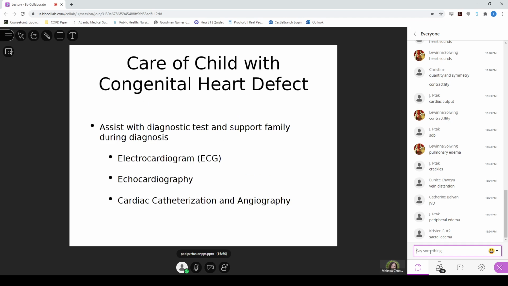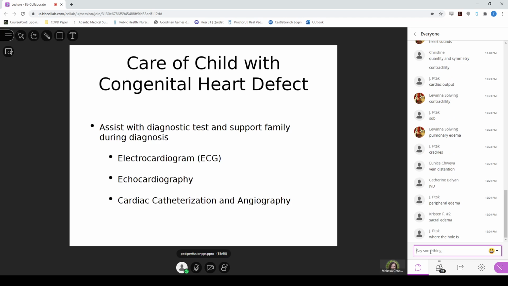Diagnostic test. So what's your echocardiogram going to show? If you did an echocardiogram on a heart patient, what can it show you? Yeah, where the defect is. It can tell you if there's decreased pulmonary blood flow. It can tell you if there's anything going on with your right ventricle.